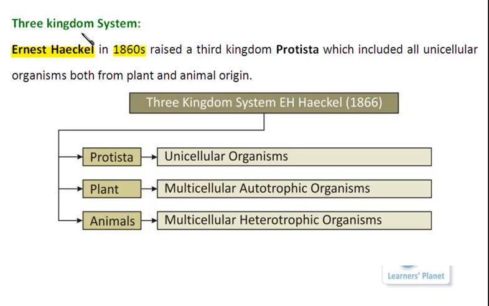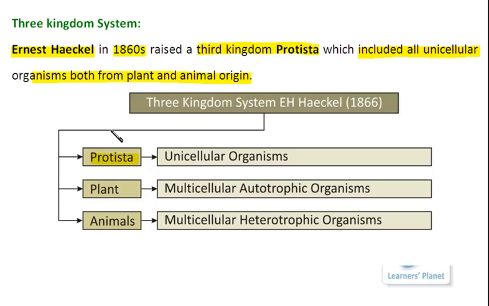According to this system, he raised a third kingdom, which is known as Protista. He separated all unicellular organisms from the animal and plant kingdoms, and placed them in a single kingdom known as Protista.